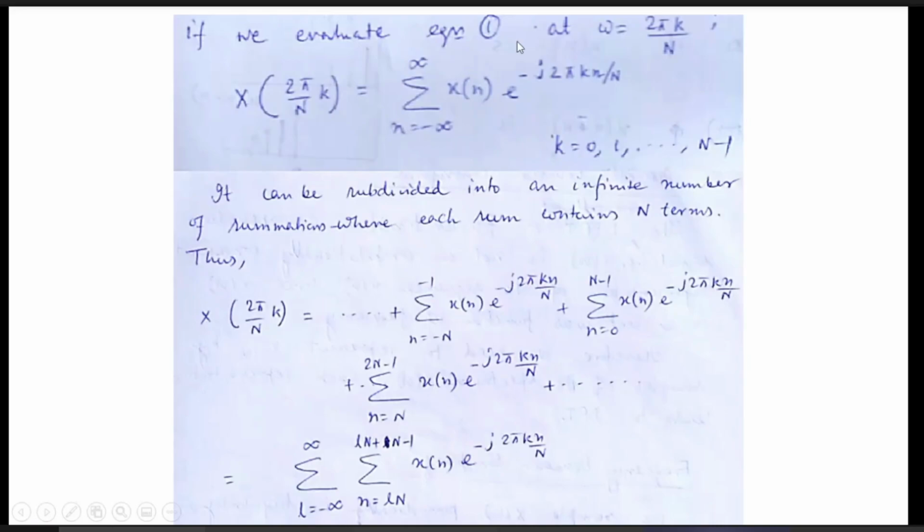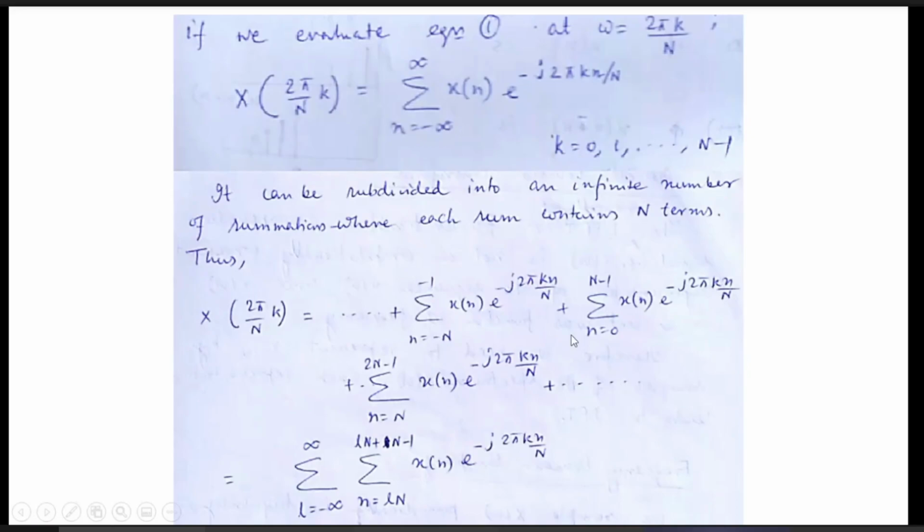Now this whole series is written in a slightly different way. Since it is a continuous range, n is from minus infinity to infinity. We just subdivide it into equal ranges, each spanning only N number of points.